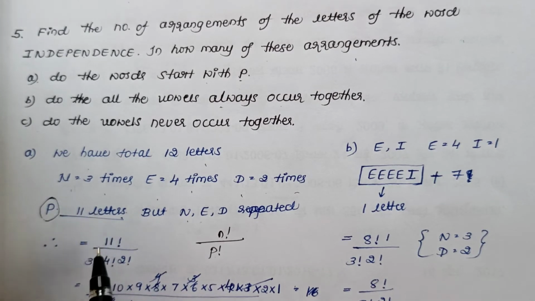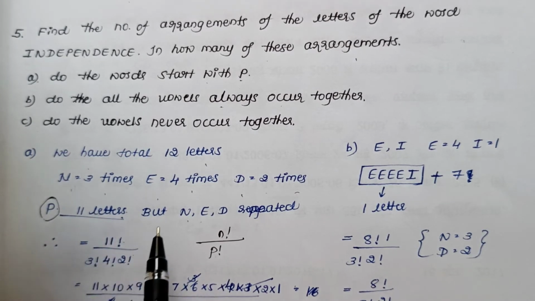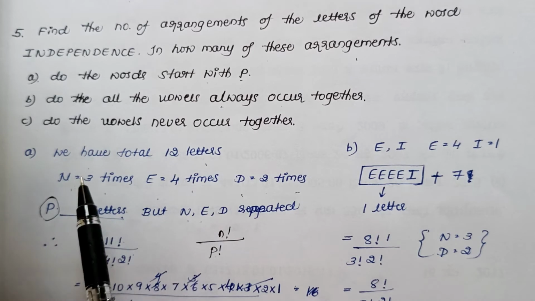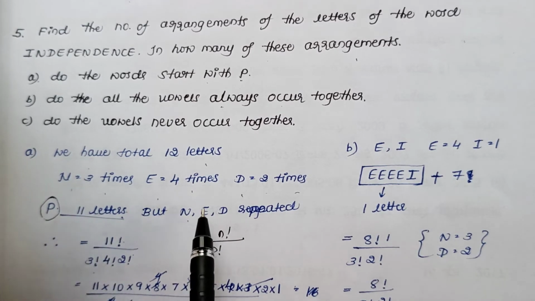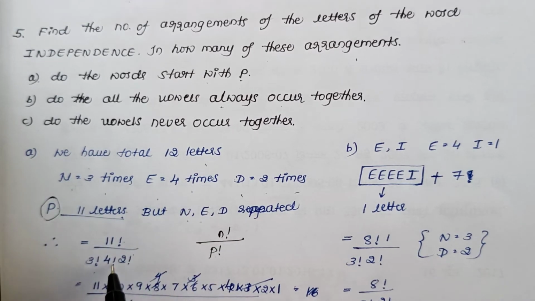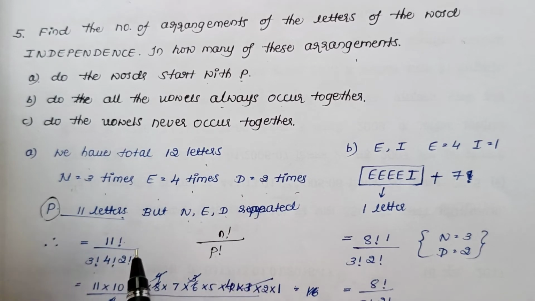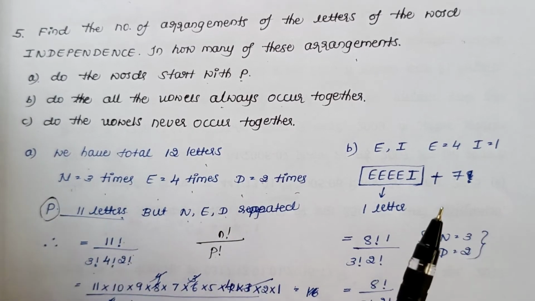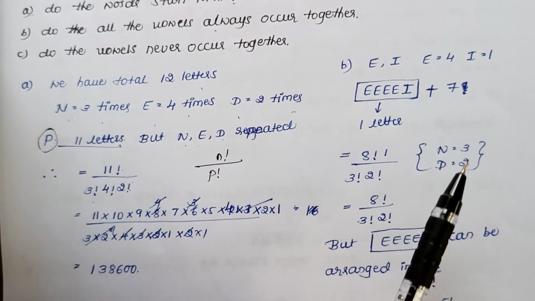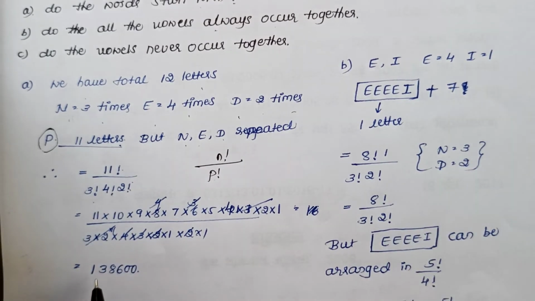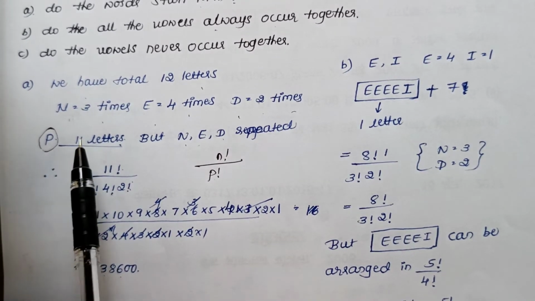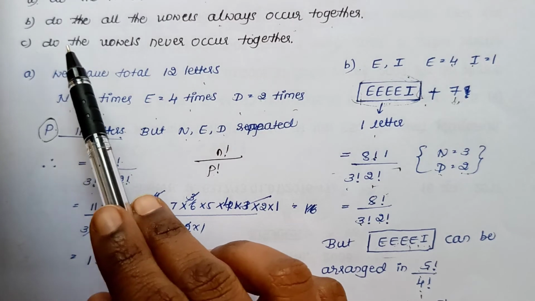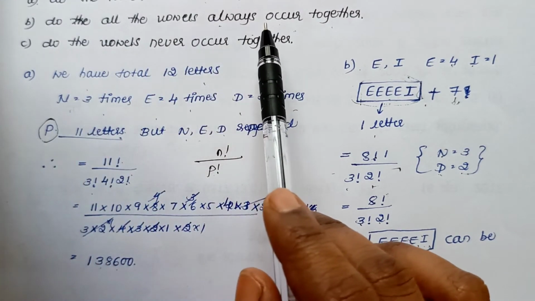So in this we have 11 factorial by the repeated ones: N 3 times, therefore 3 factorial, E 4 times, therefore 4 factorial, D 2 times, therefore 2 factorial. So by simplifying you get 1,38,600 ways where P is the starting letter. Next is, do all the vowels always occur together?